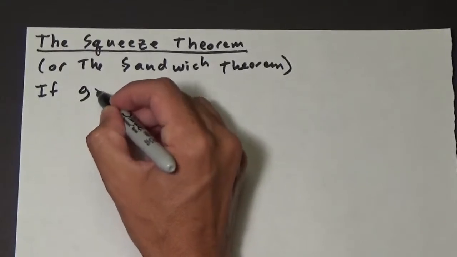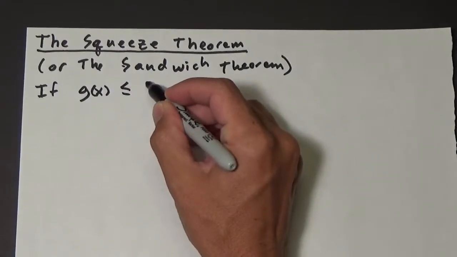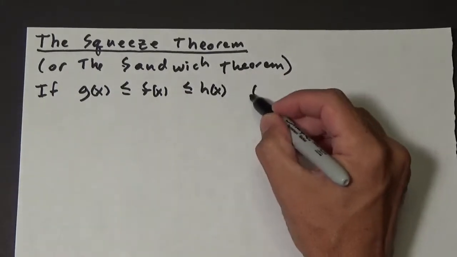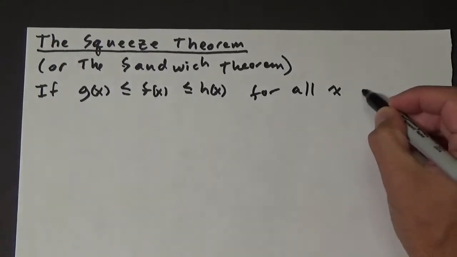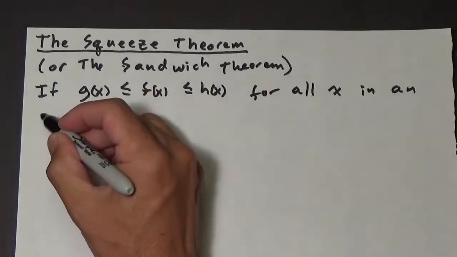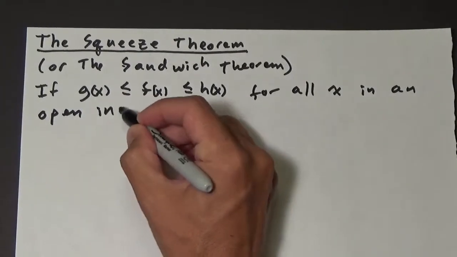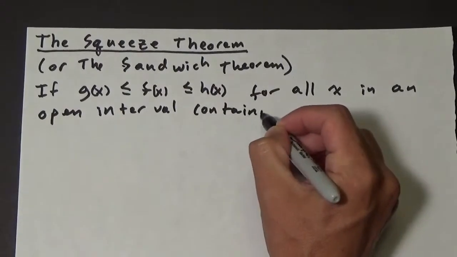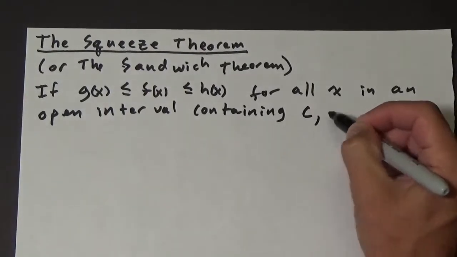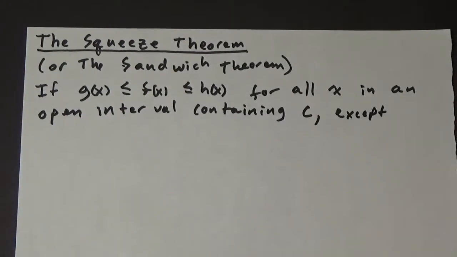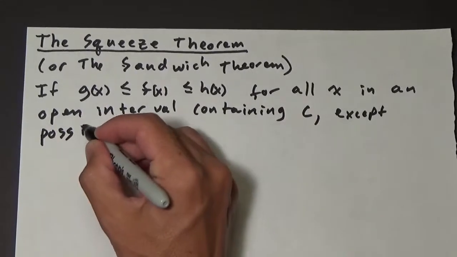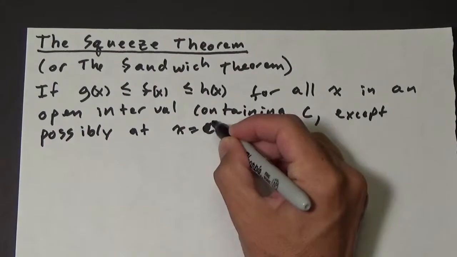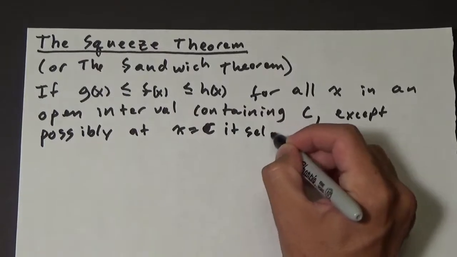If g of x is less than or equal to f of x, which is less than or equal to h of x, for all x in an open interval containing C, except possibly at x equals C itself.